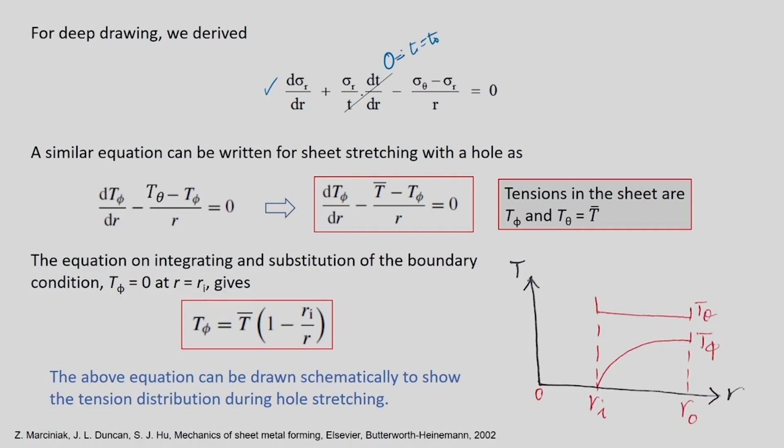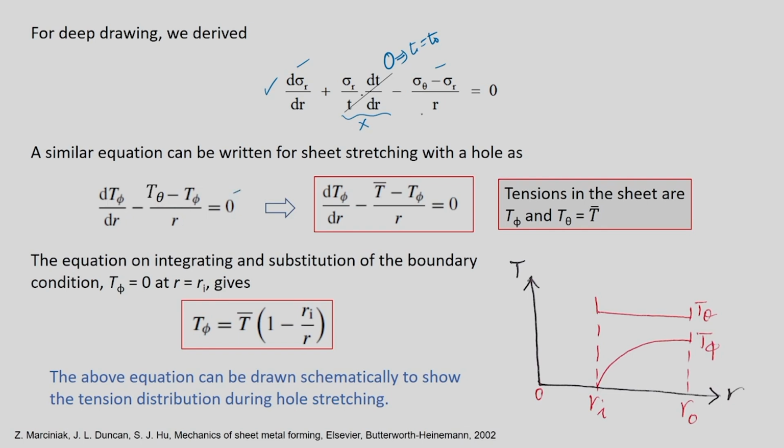So I am removing this part and rewriting the rest for this particular hole stretching problem, in terms of tension: dT phi by dr minus (T theta minus T phi) by r equals 0.